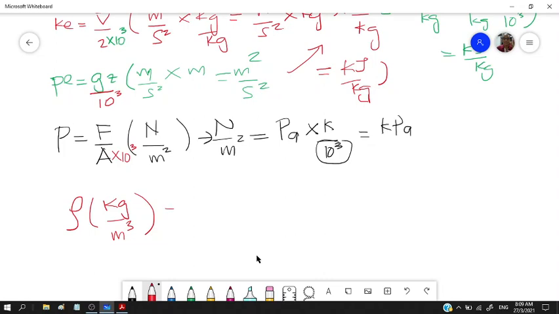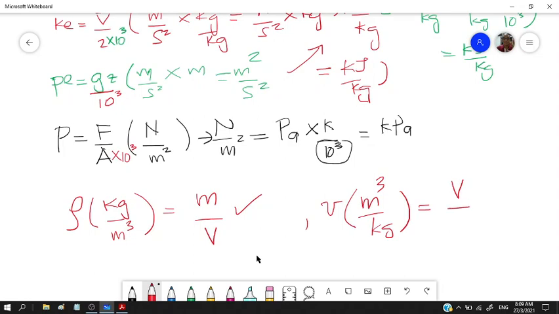What is kilogram? The fundamental of kilogram is mass, and the meter cube is volume. So this is the formula to get the density. Same goes for the specific volume. What is the unit of specific volume? We know that this is meter cube over kilogram. So you can write the formula for specific volume as volume divided by mass. So this is an example whereby we use the unit to get the formula for a certain parameter.